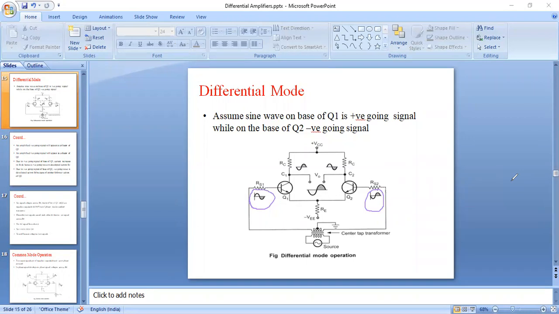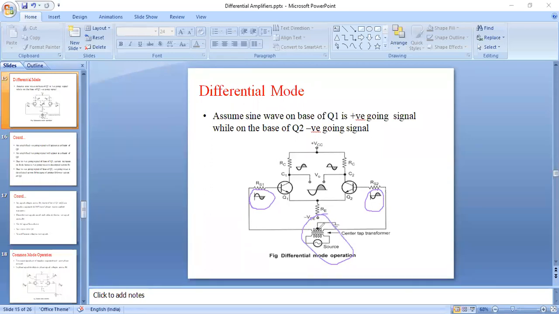Suppose here it is plus 10, and here it is minus 10. In order to generate the signals Vs1 and Vs2 with opposite polarity, I have used a center tap transformer.